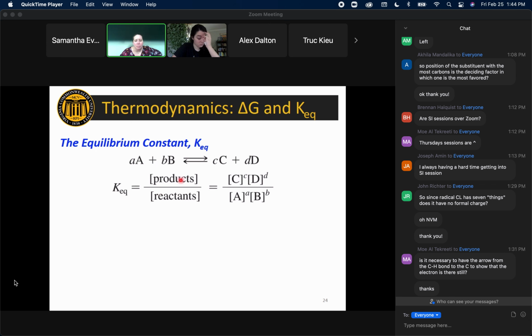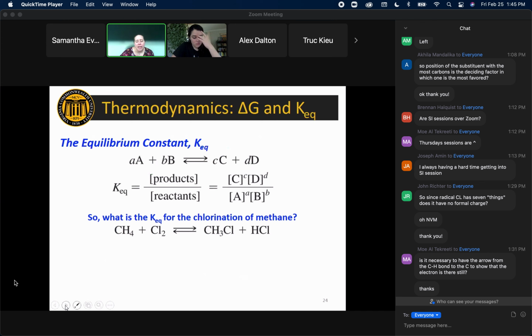So I need to show you guys the complex version of this as well, where if you have multiple products and multiple reactants, the KEQ involves multiplying those concentrations together. And also, if the stoichiometry of reactants or products is not just 1 to 1 to 1 to 1, then we have to take that stoichiometric coefficient and make it an exponent in our KEQ equation. So just keep in mind that it's not just the concentration of each, but also the stoichiometry that's involved in generating a KEQ.